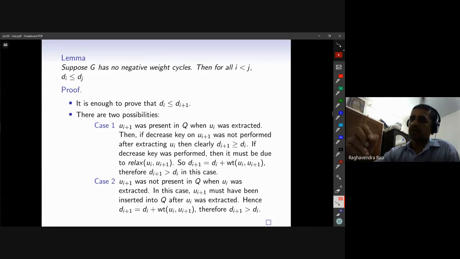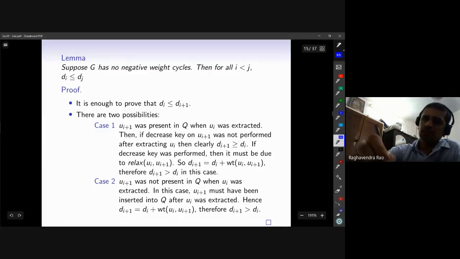Okay, so again I'm assuming here that there is no negative weight edge, so di plus 1 is equal to di plus weight of ui comma ui plus 1. The second possibility is, yeah, so this statement holds for negative weight edges. Okay, at least the proof I have given.